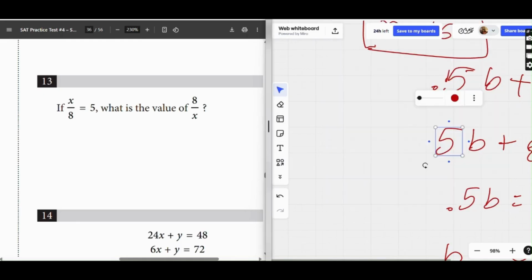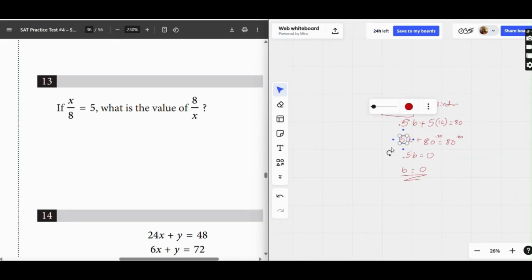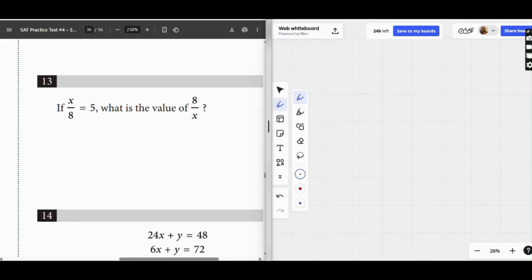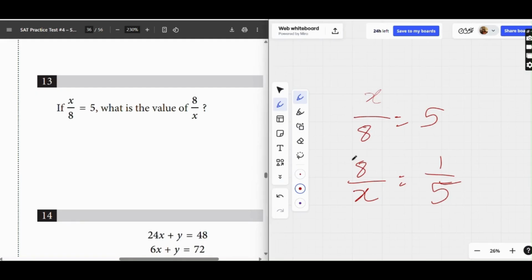You can do that in mathematics. That is so simple. If 8 by x equals 5, then x by 8 equals 1 by 5. Just a reciprocal. So 1 by 5 is what we're looking to see here.